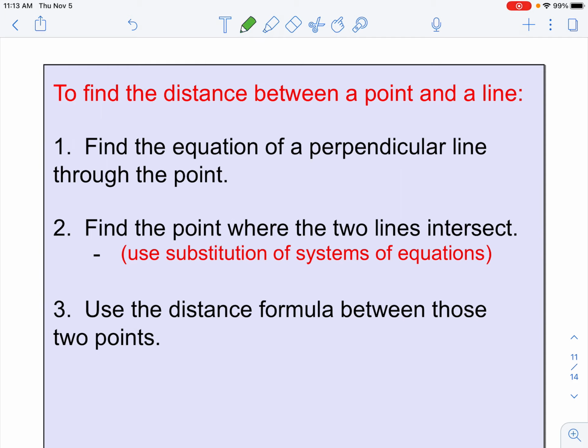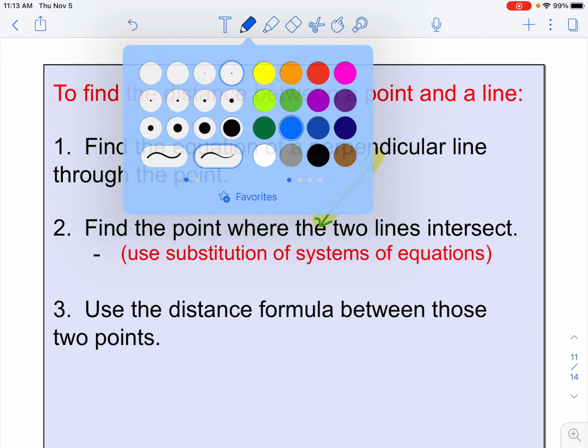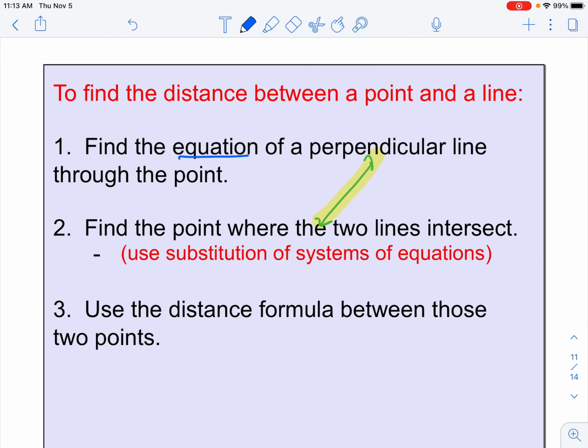So if this is my given line right here, what I need to do is find the equation of the line that's perpendicular to that given line and goes through a specific point.